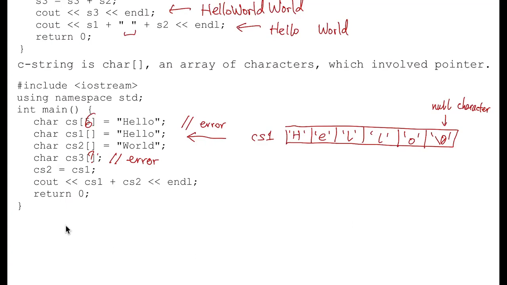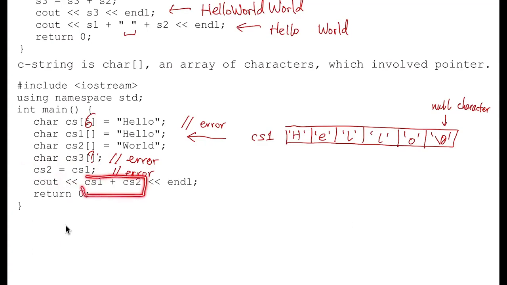So if you want to change the data in the array, you actually need to go into each entry and change it one by one. So this will be an error. This is not only wrong for character arrays, it will be wrong for any array. So you cannot use assignment between arrays.